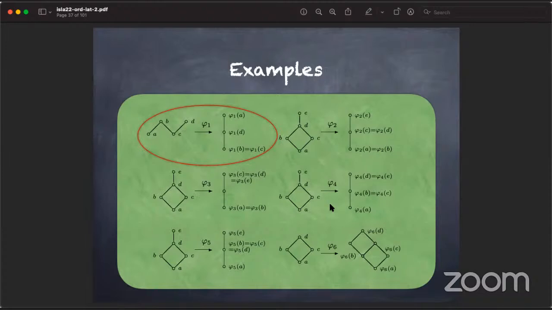So you can see that order preserving, meaning order homomorphism, doesn't make it a lattice homomorphism. You can clearly see that order preserving maps may not preserve meet and join structures.